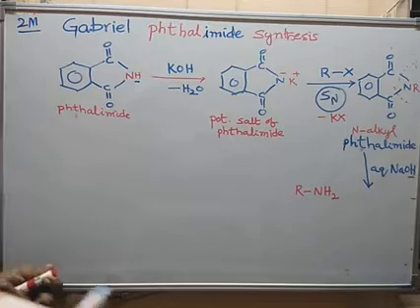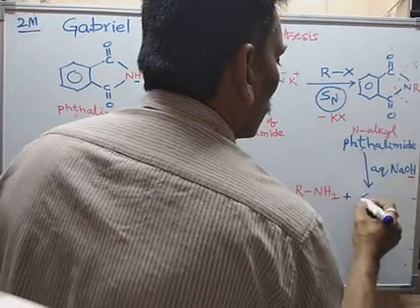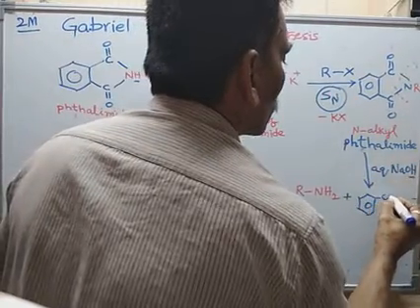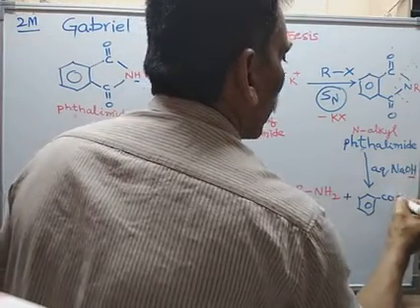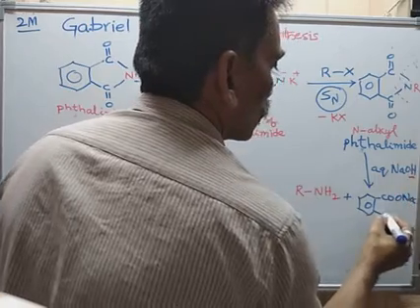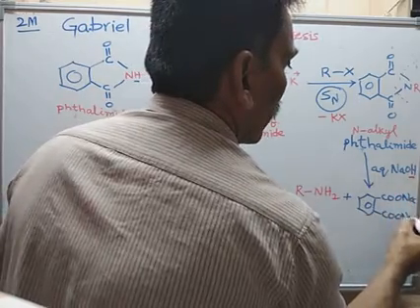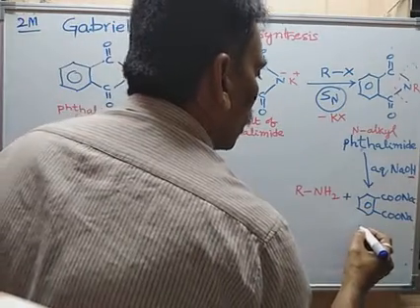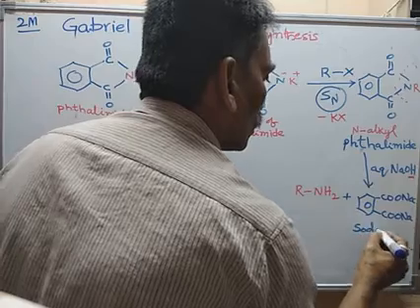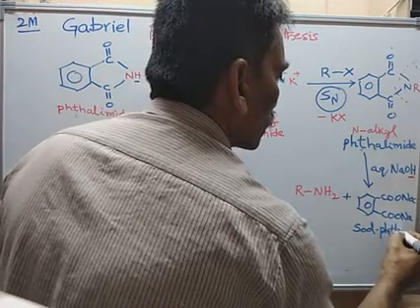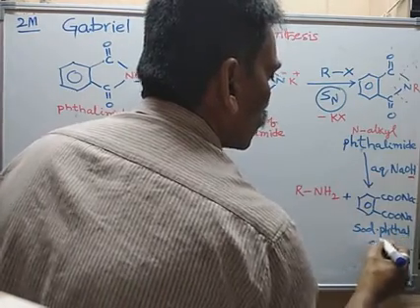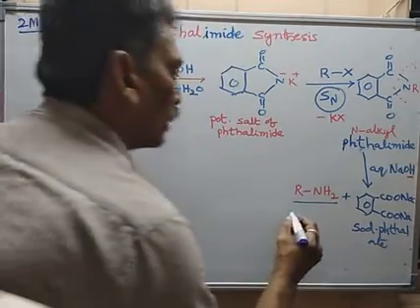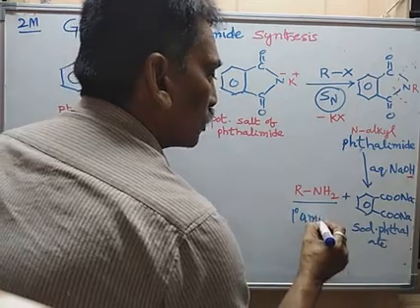The other part is very simple to draw: the benzene ring, and instead of writing C double bond O, you just write CO, with ONa, which is sodium phthalate. The name is not going to be asked. And here what is produced? Exclusively a primary amine.